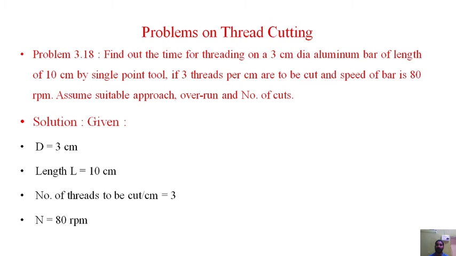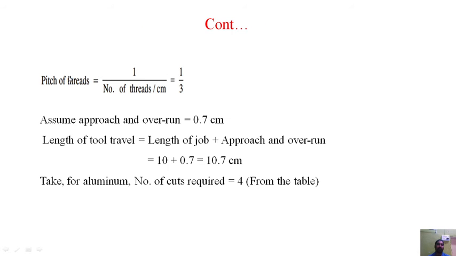So 1 divided by 3 is your pitch in centimeter. The speed is 80 rpm. Here the number of threads to be cut per centimeter is 3. So the formula for pitch calculation is 1 divided by the number of threads per centimeter, and the number of threads per centimeter is 3.